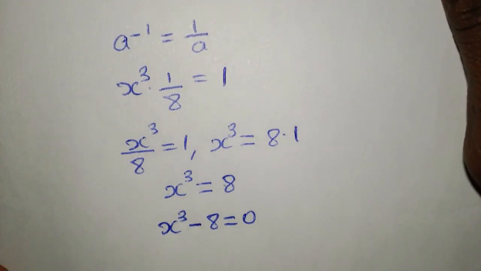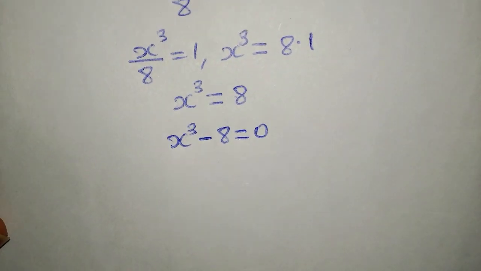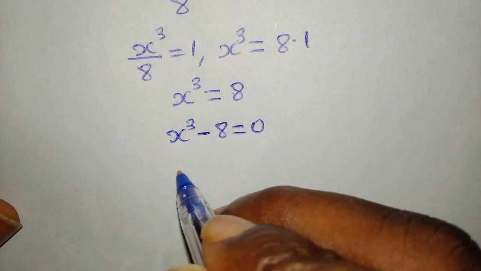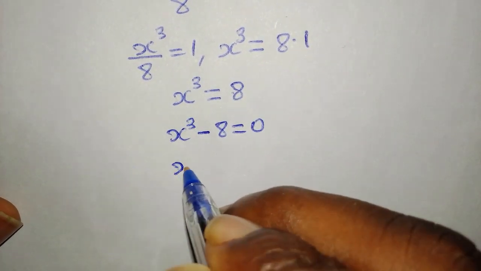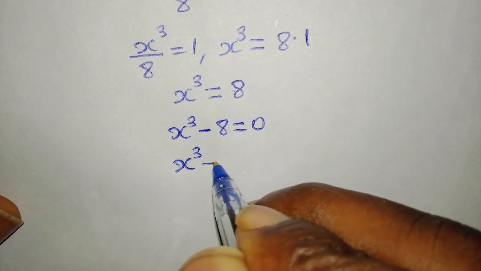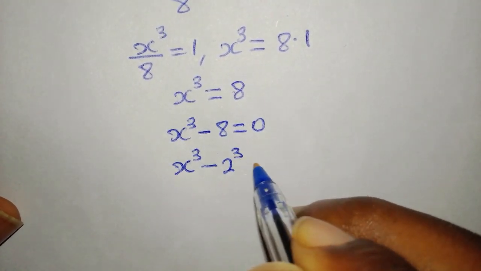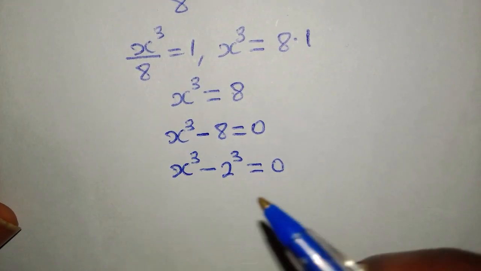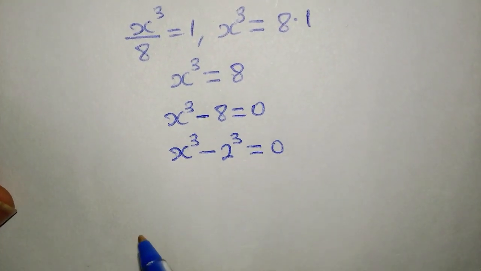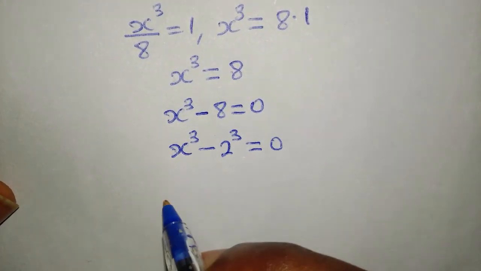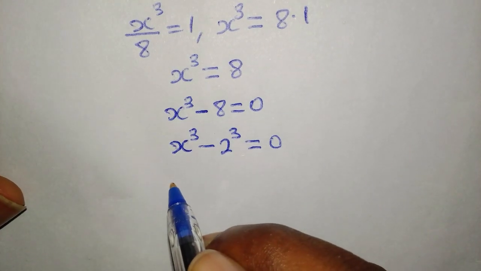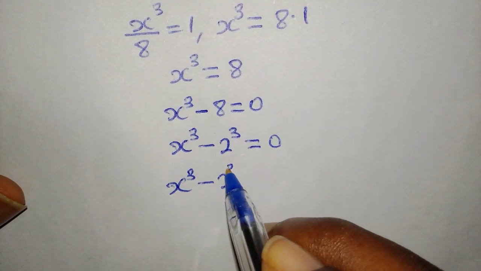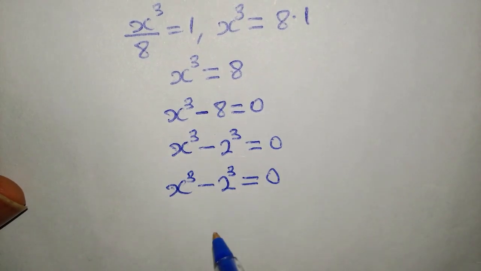So from here we can write 8 as 2 to the power of 3, so we'll say x to the power of 3 minus 2 to the power of 3 equals 0.